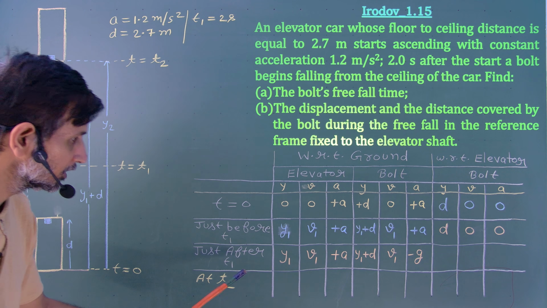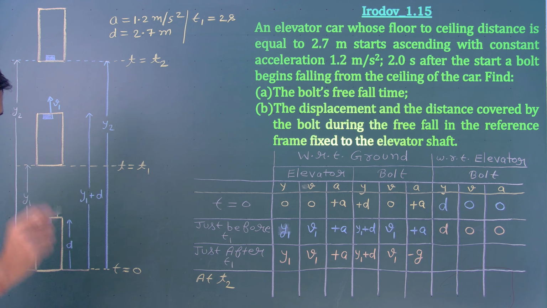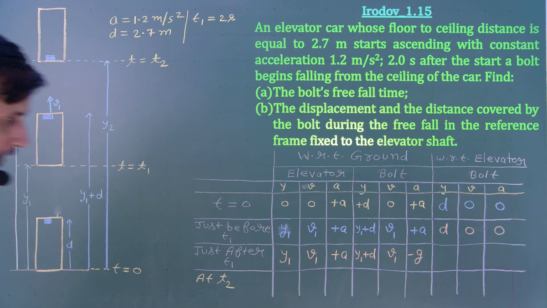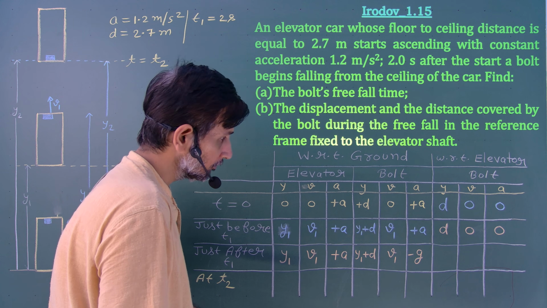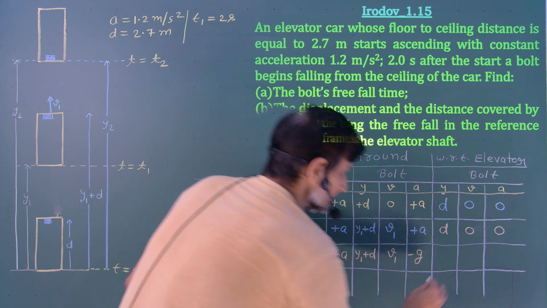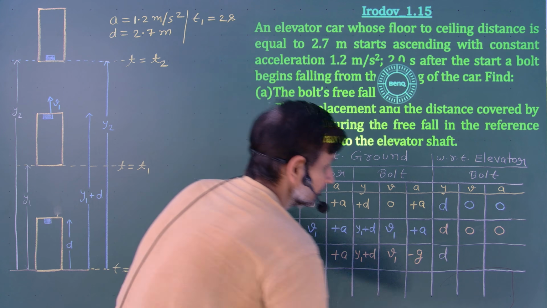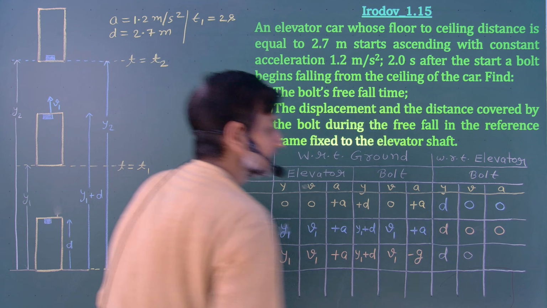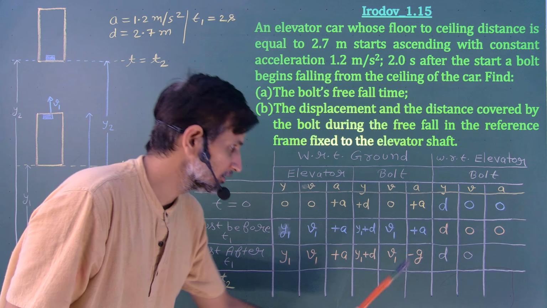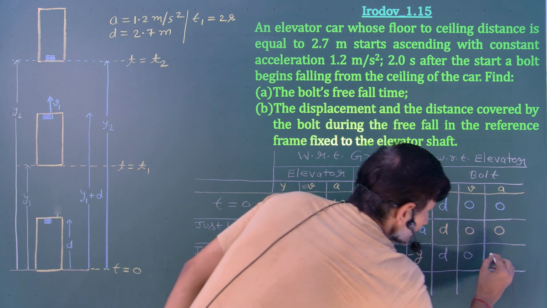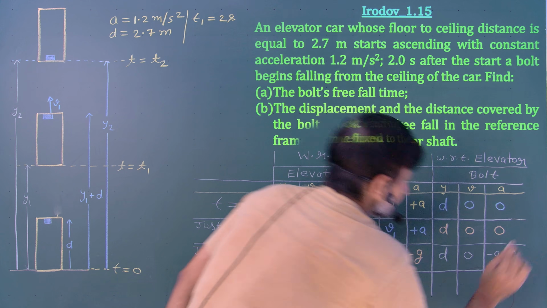So just after t1, velocity of elevator and velocity of bolt are equal. Okay. What are the things with respect to elevator? Now the relative distance is again d, relative velocity is 0, but relative acceleration is not 0 because the accelerations are different. So relative acceleration is minus g minus a.